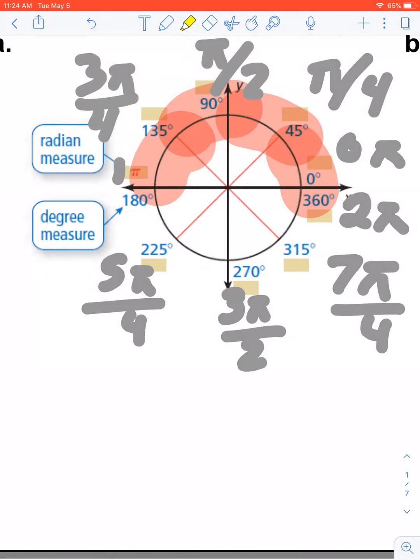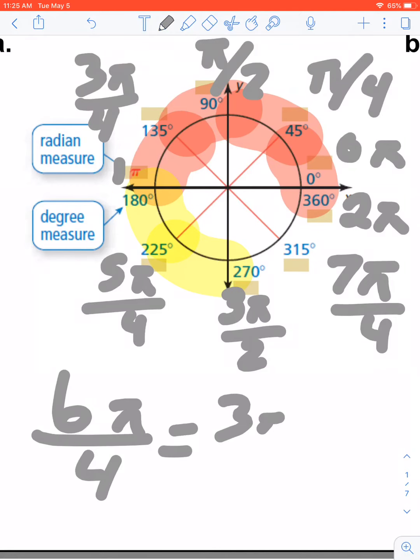Then 5/4 pi, 6/4 pi, and we know that 6/4 pi reduces down to 3 pi over 2. Then we have 7/4 pi, 8/4 pi, which is 2 pi.